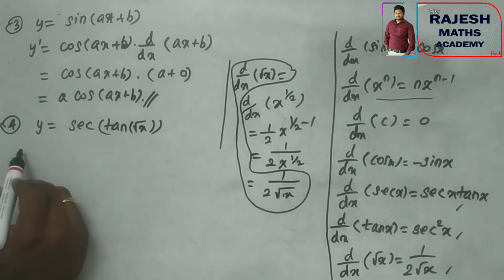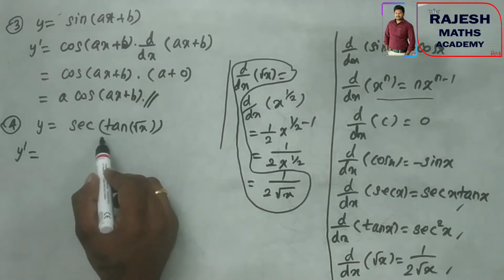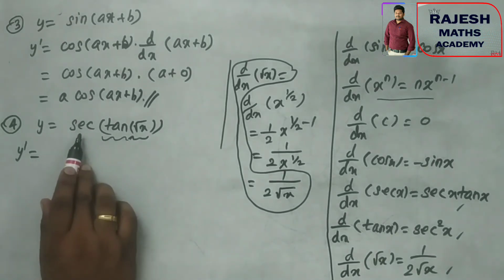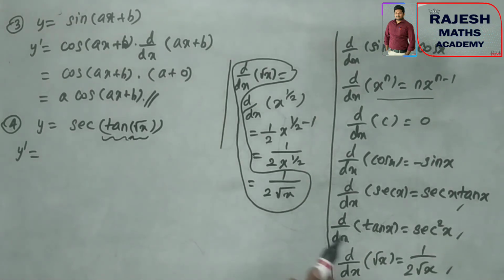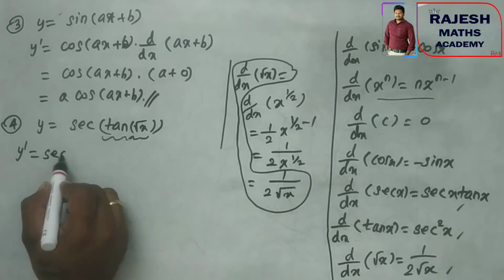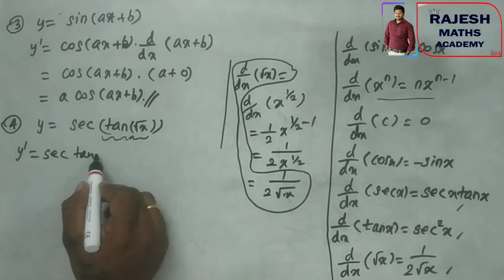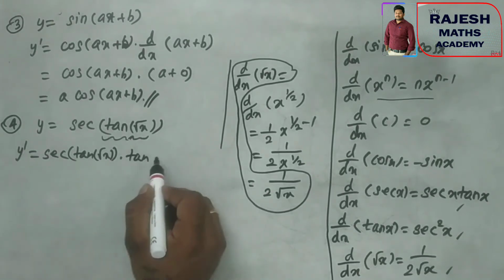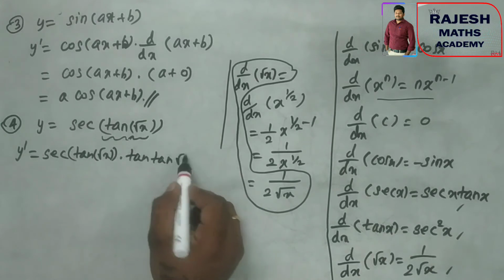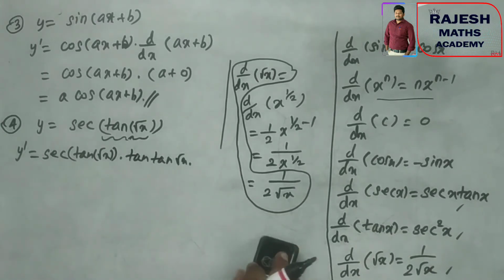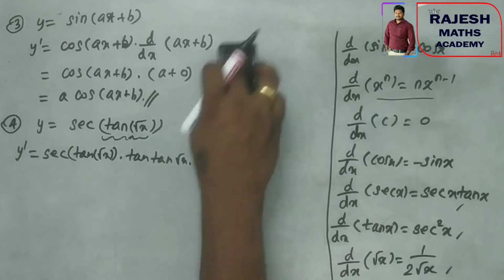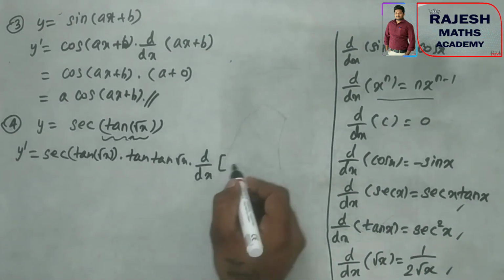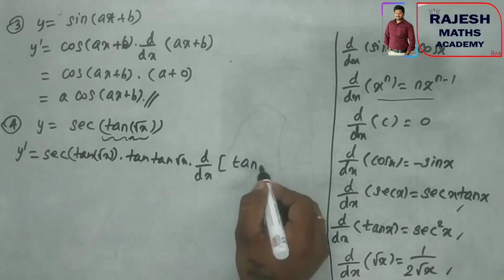Now what is the derivative? First, y dash equals secant, and whatever may be in the place of x, consider it as x. So differentiation of secant x equals secant x tan x. I am writing this as secant of tan of root x into tan of root x into d by dx of what is in the place of x, that is tan of root x.